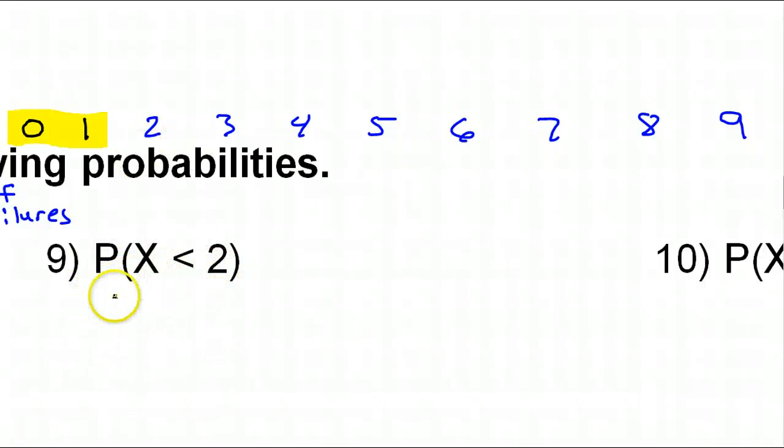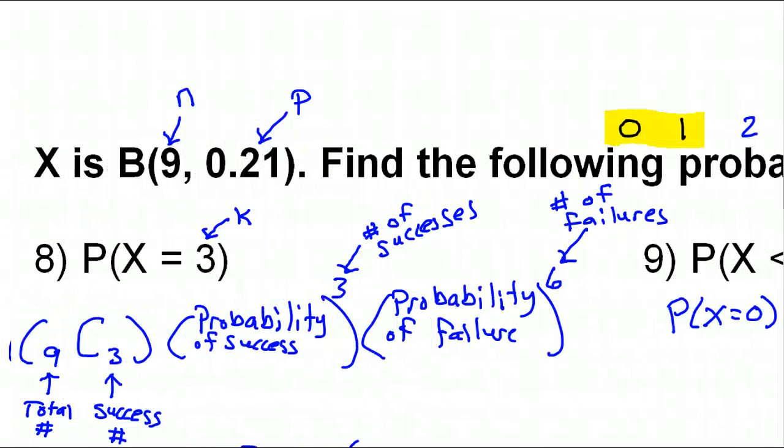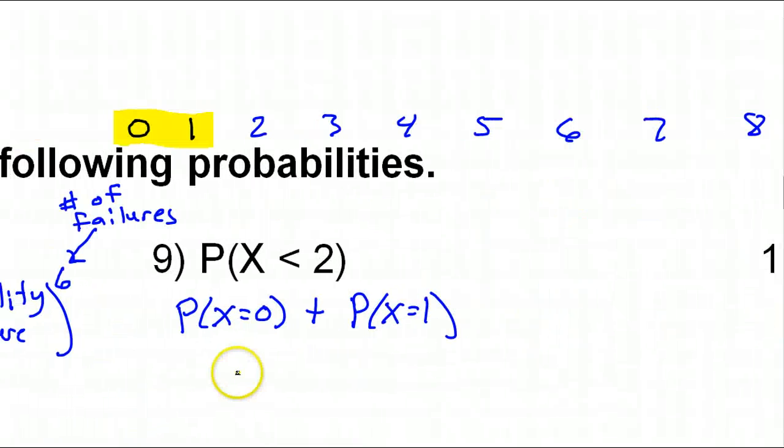Sorry, let me just go in order. The probability of having 0 successes plus the probability of having 1 success. Less than 2, that's 0 and 1. If they had said less than 5, I would have done 0 plus 1 plus 2 plus 3 plus 4. So I need to do this calculation twice right now.